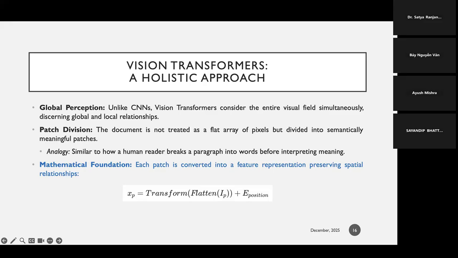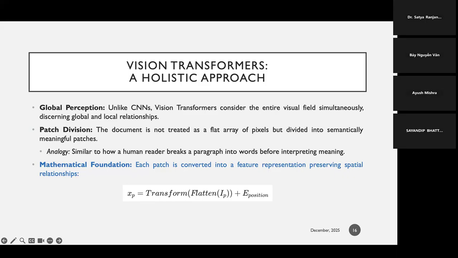You step back. You see the whole scene at once, right? That's exactly what this model does. It considers the entire visual field simultaneously, allowing us to understand the relationship between the header at the top of the page and the footnote at the very bottom.